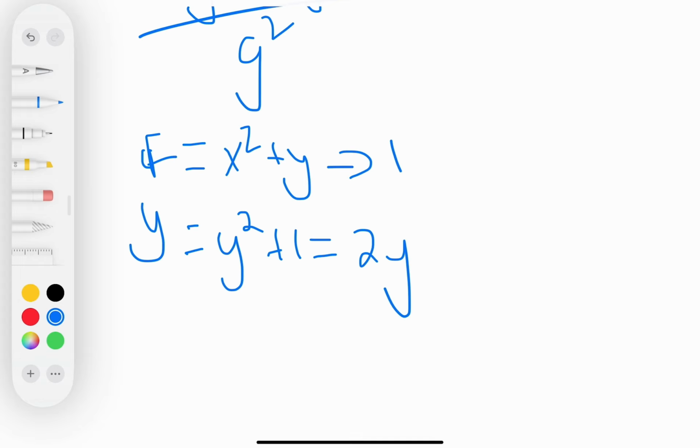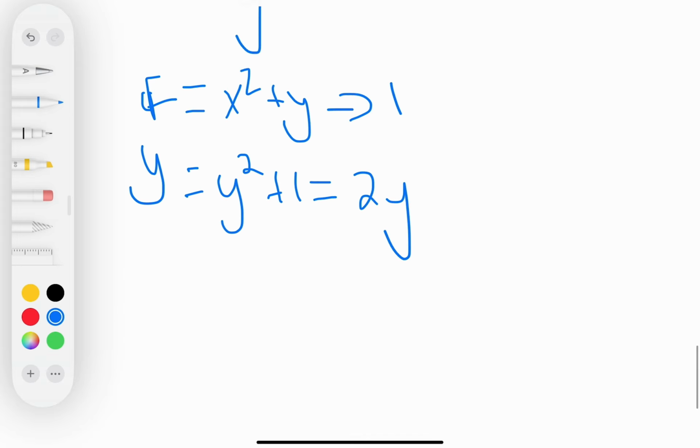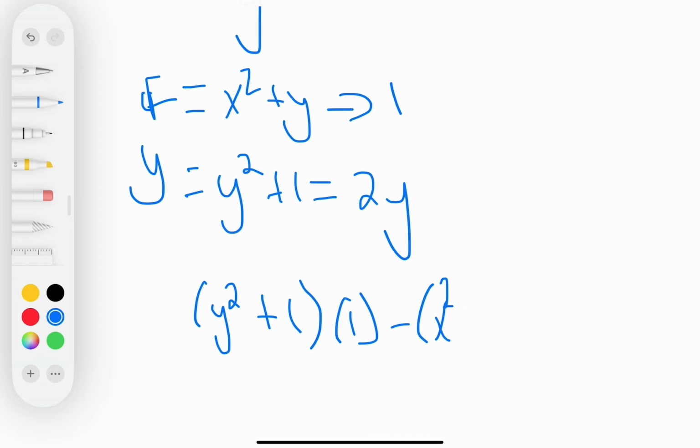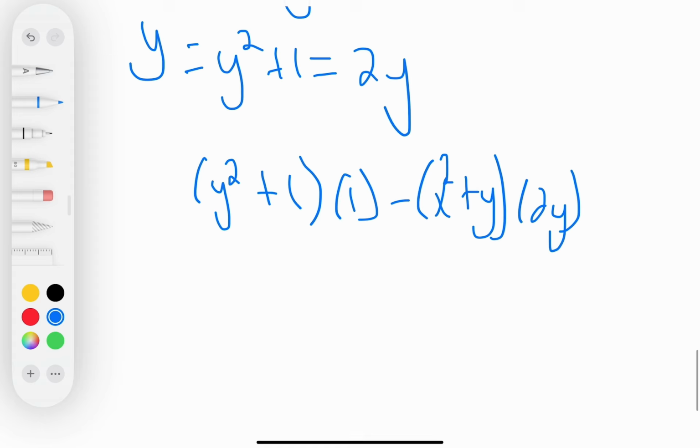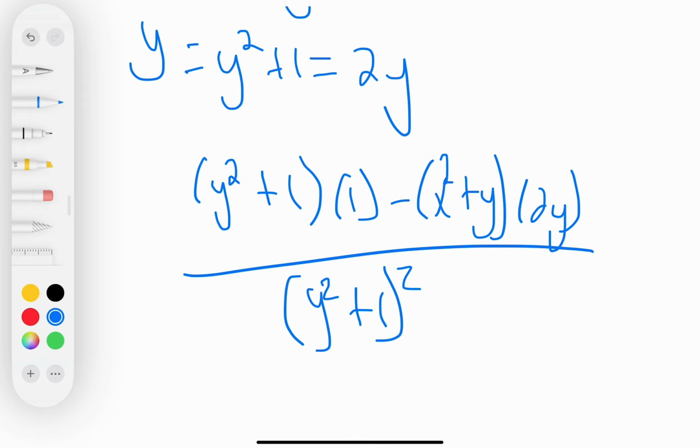We're focusing on that right now. So now we want to plug everything into the formula. It's going to be (y² + 1) times 1, minus (x² + y) times 2y, over (y² + 1) squared.